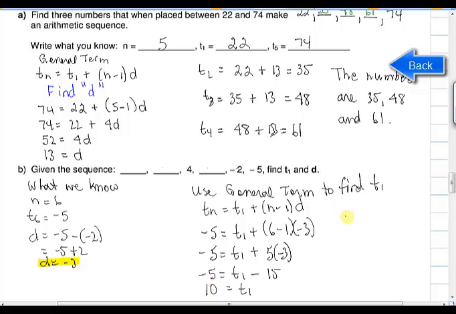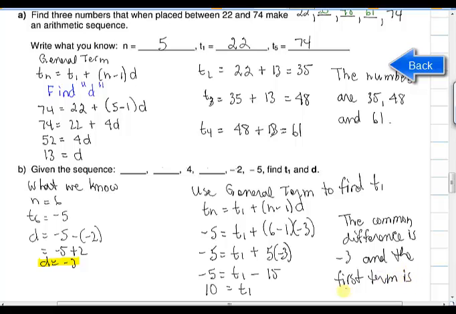Okay? And so the common difference is -3, and the first term is 10.